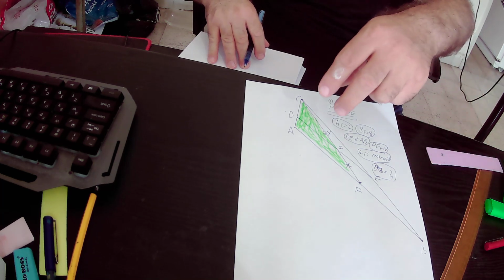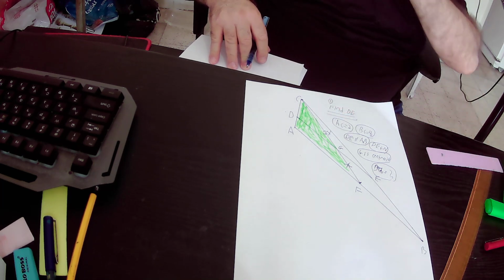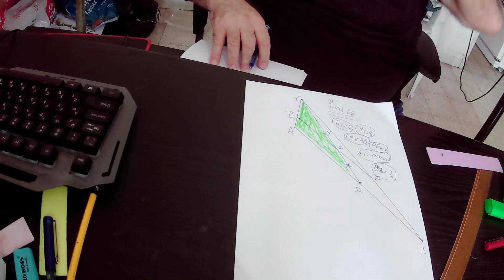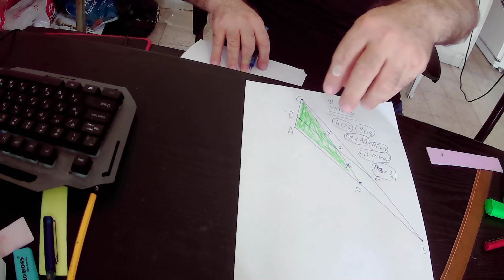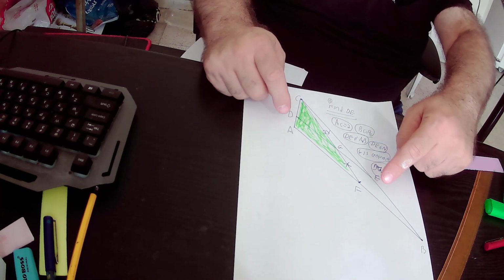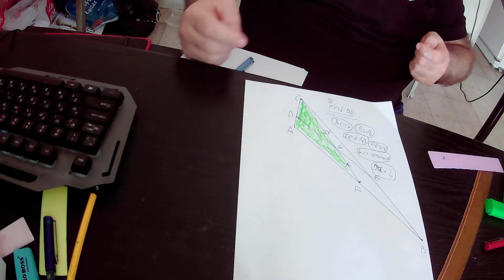Again, if we relate to the green triangle ACF, we know that in this green triangle, DE is parallel to AB.